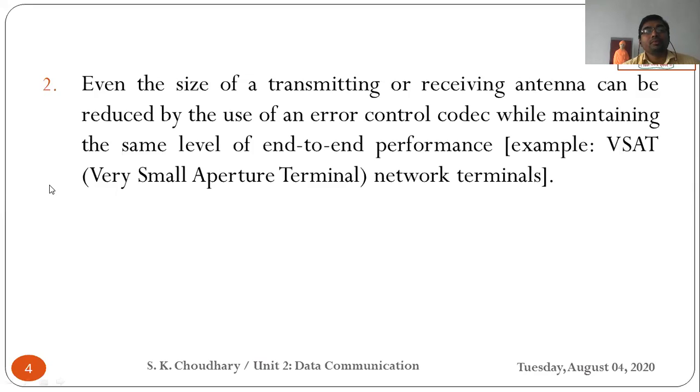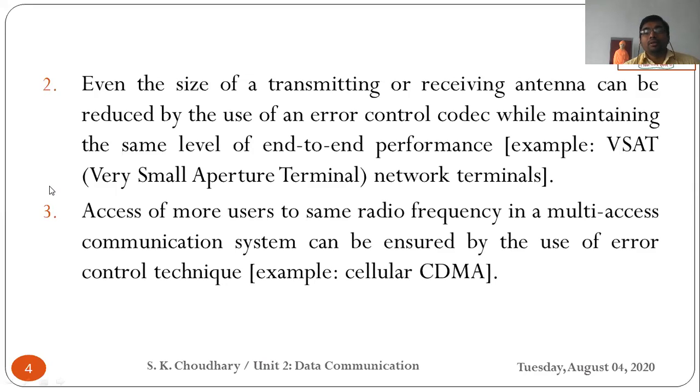Third reason, access of more users to the same radio frequency in a multi-access communication system can be ensured by use of the error control technique. So these are some benefits, and as an example we will see CDMA, code division multiple access, which we will learn later in unit number 5 or 6.